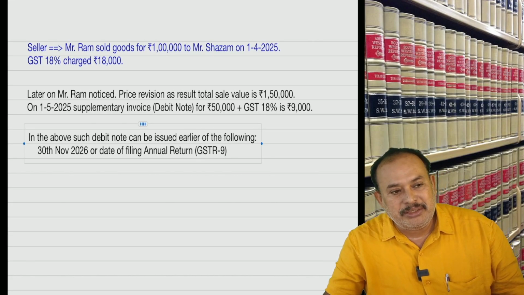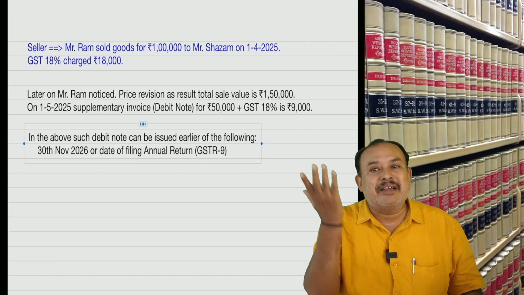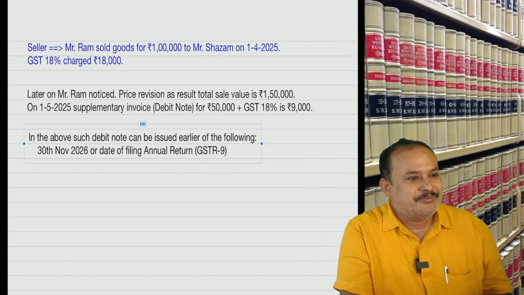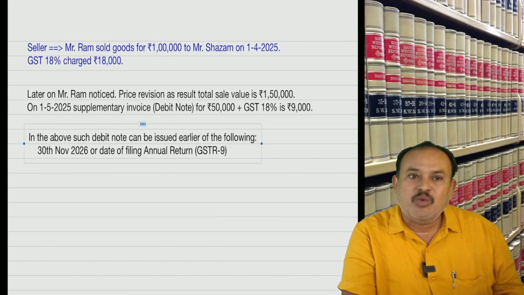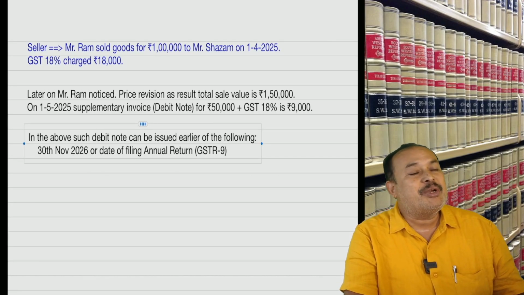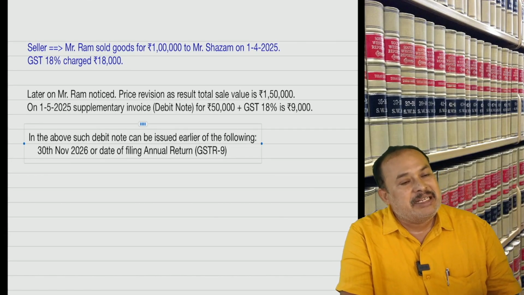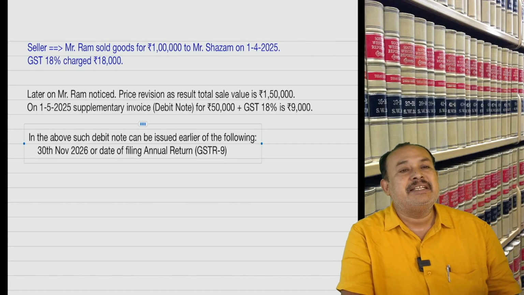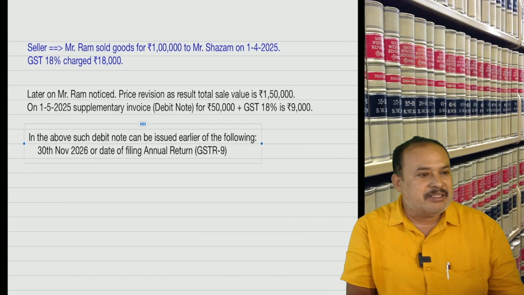You get my point? As a result, the recipient can avail the ITC on such debit notes. Not only a tax invoice, but also a debit note issued by the supplier is a valid document for availing the ITC by the recipient. Is that clear, sir?